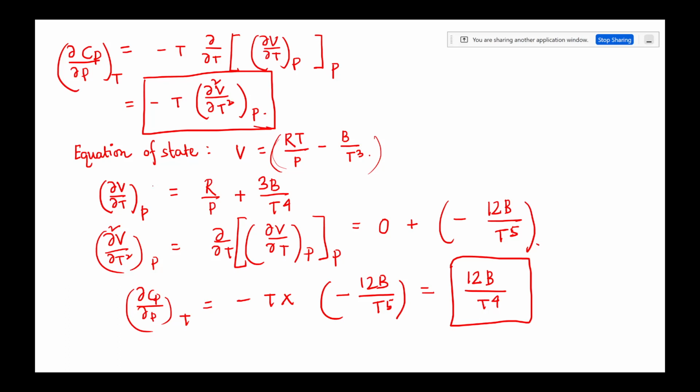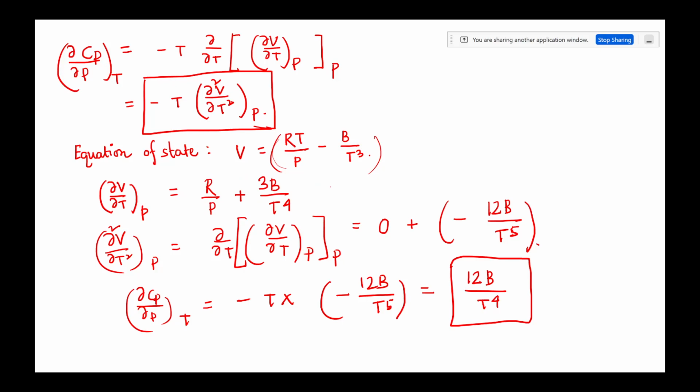Now we have to find del V del T at constant P. This term has T, so this will be R by P, and this will be 3B T to the power 4. Again we have to differentiate with respect to T. After that it will become minus 12B by T to the power 5. That's how we have written del Cp del P at constant T is minus T times this expression del 2 V del T 2 at P. So minus 12B to the power 5 becomes 12B to the power 4.